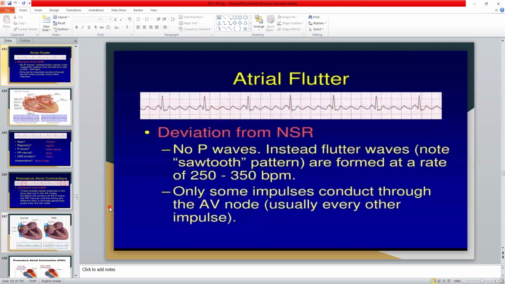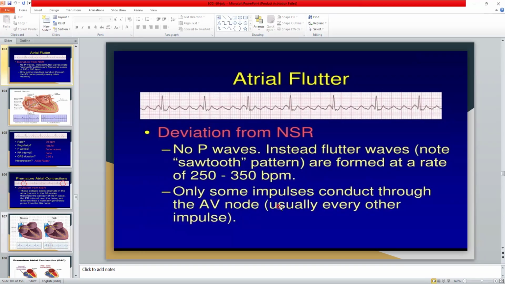Coming to atrial flutter, here there are no P waves similar to atrial fibrillation, but instead of small irregular waves, there are flutter waves. Note this sawtooth appearance at a rate of 250 to 350 beats per minute.